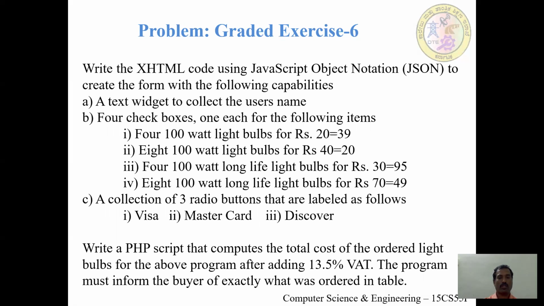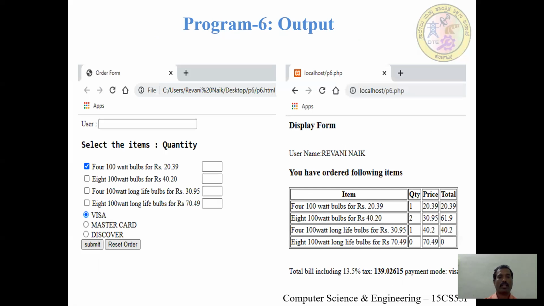Looking at the output, this is the web interactive form that we need to create. In the form, it needs to read the username who is ordering. For that we need to create a text box, then select the items.